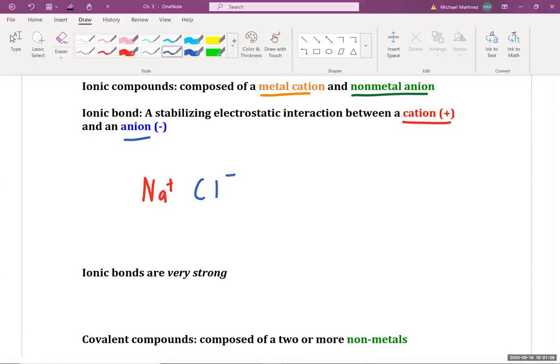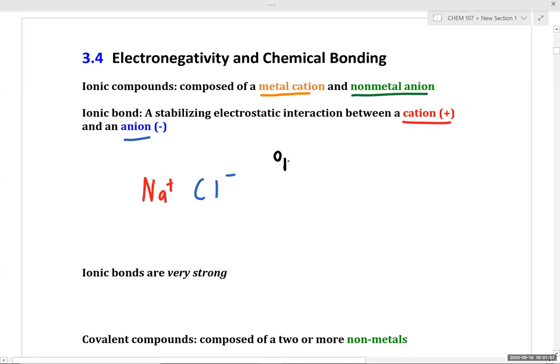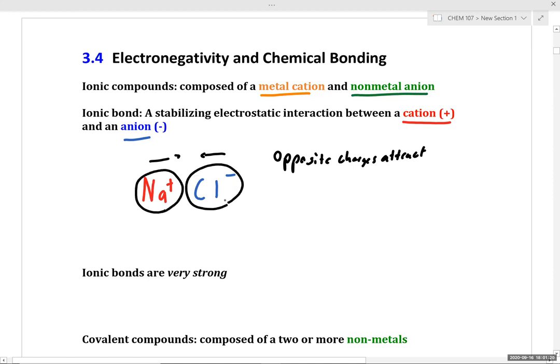Now, opposite charges attract. And this attractive interaction between our two ions is very strong. Ionic bonds, this electrostatic attraction between positively and negatively charged ions, is very, very strong.